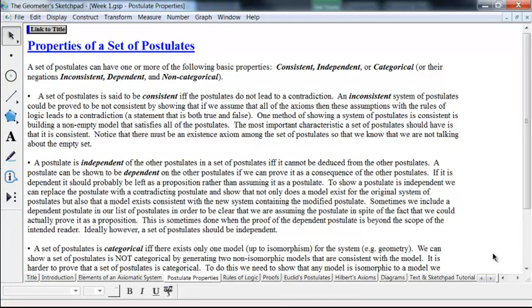Now, how do we show something's independent? Well, that's a little bit harder. To show it's independent, we have to produce a model showing the consistency of the system, including the postulate that we're looking at, but then also produce another model that's consistent with all the other postulates but which violates the one in question.